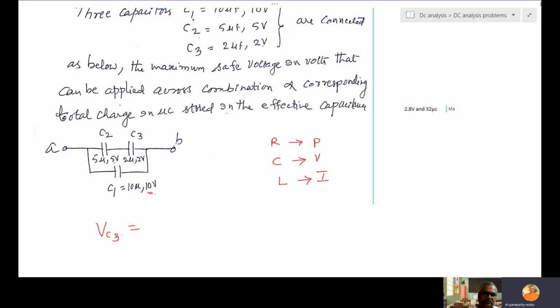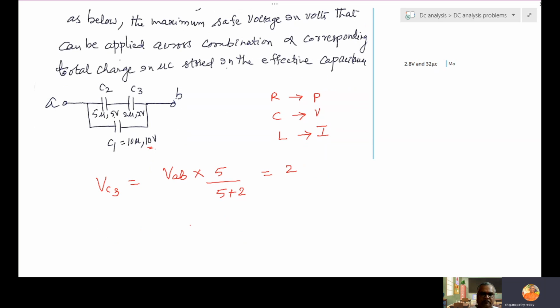VC3, voltage across C3, is nothing but applied voltage VAB, that is dividing between C2 and C3. Voltage division formula. That is nothing but C2 by C2 plus C3. So what is C2? 5 by 5 plus 2. But what is VC3? Maximum voltage is 2.